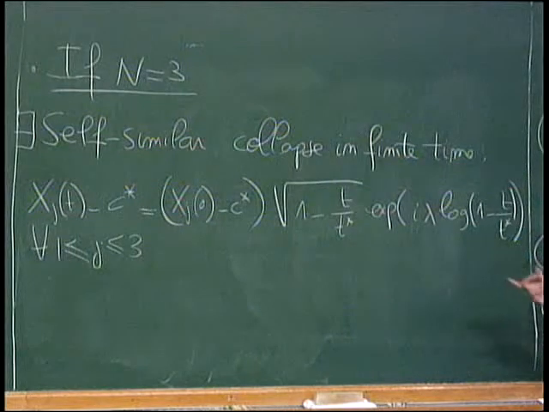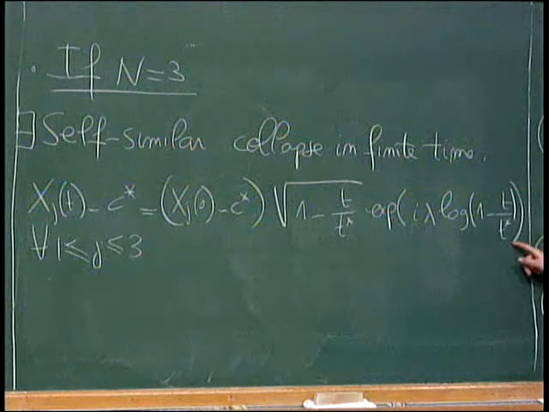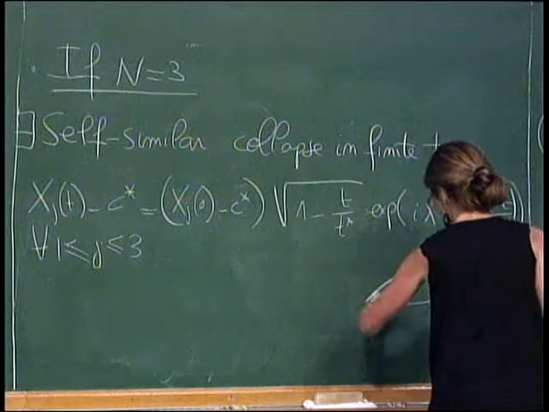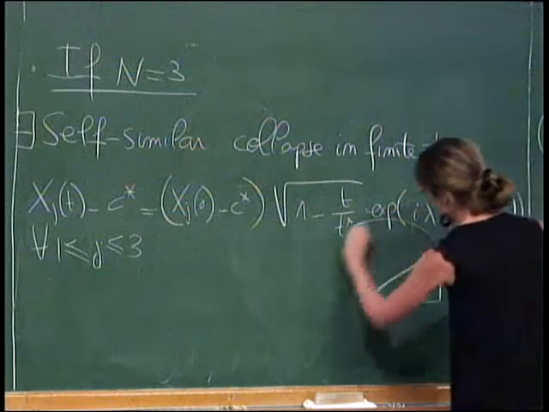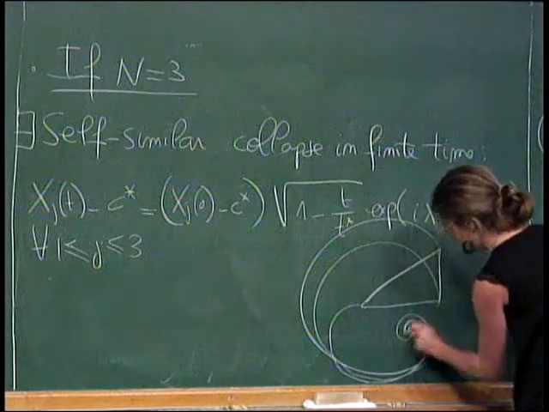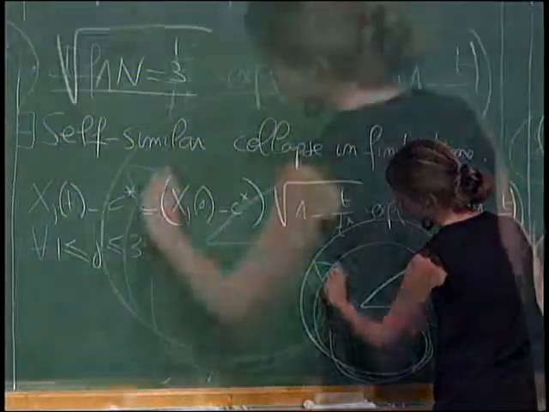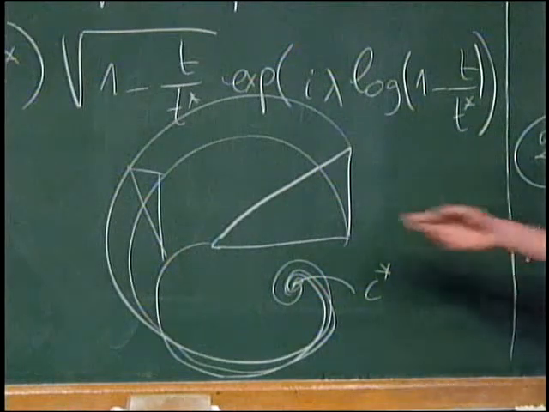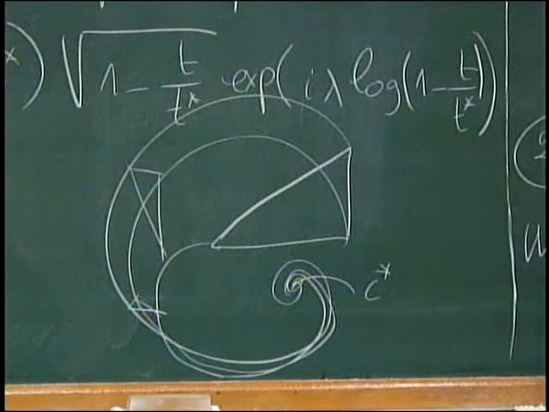So in fact, the modulus or the norm is continuous, but the phase rotates very fast. And I have to choose the initial configuration of point vortices in such a way that I get self-similar collapse. So this will be a logarithmic spiral like this. Okay, so this is C star. And the shape of the triangle is the same for all time. So you just have a self-similarity of the triangle, of the configuration.